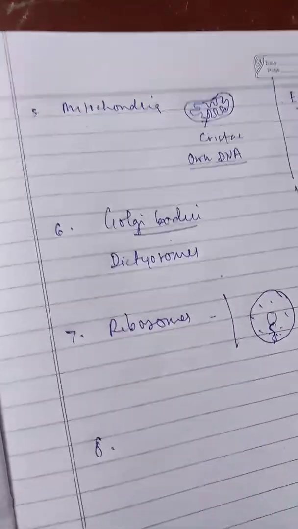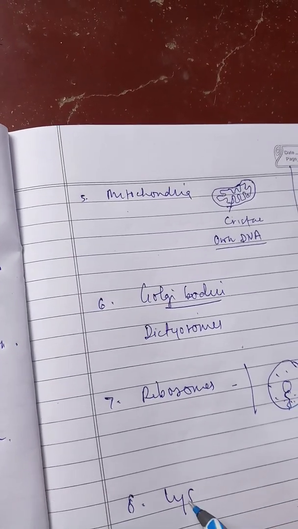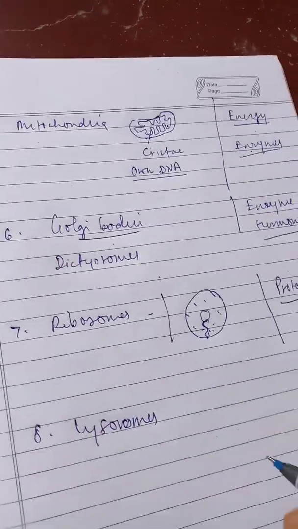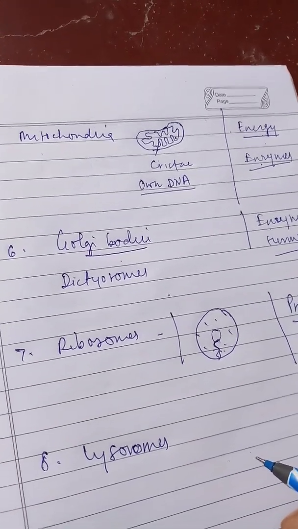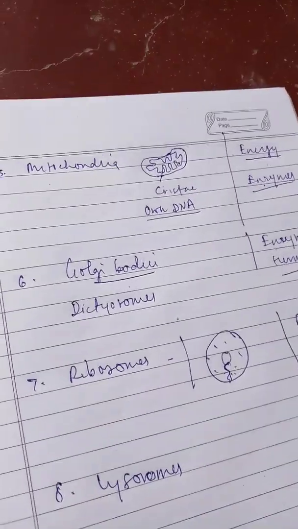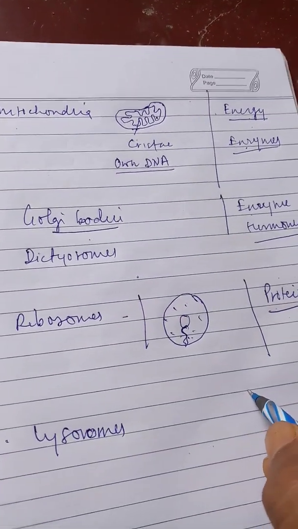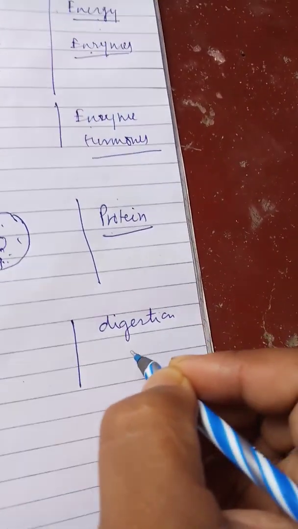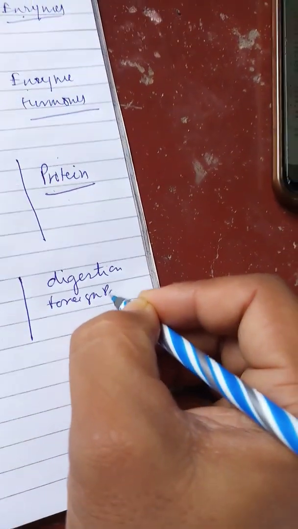Lysosomes. Lysosomes are membranous sacs budded off from the Golgi bodies, containing about 40 different enzymes, and these lysosomes are meant for intracellular digestion and to destroy foreign particles.